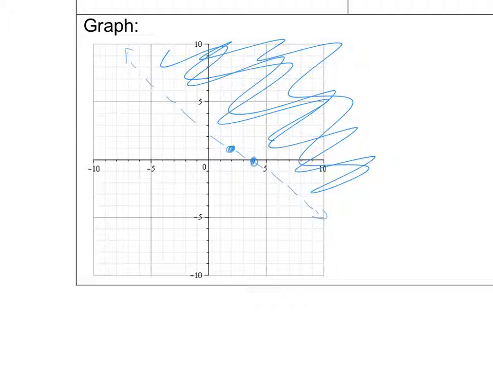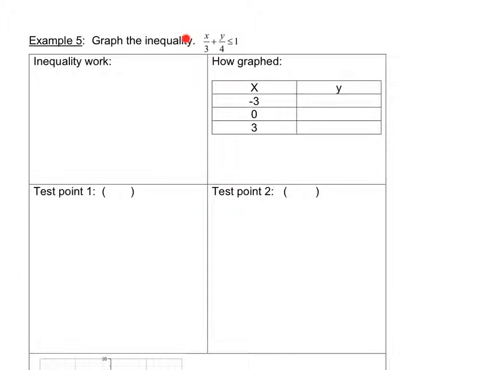Okay, let's take a look at some more graphs. Alright, so again here, we see this. I'm not going to use this, because what I'm going to do is get this into y equals mx plus b. And don't worry about the inequality again. Y equals mx plus b. That's what we want to get it into, okay?